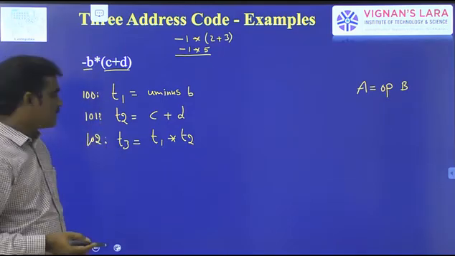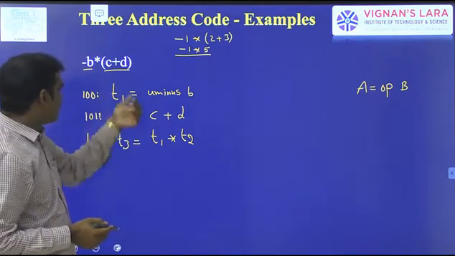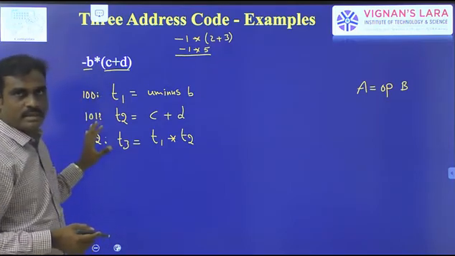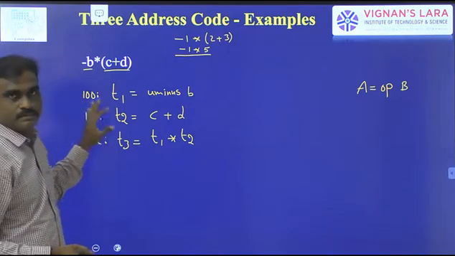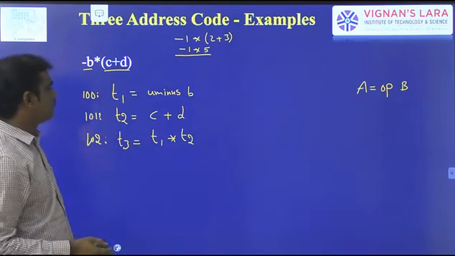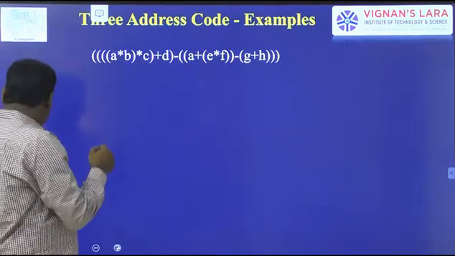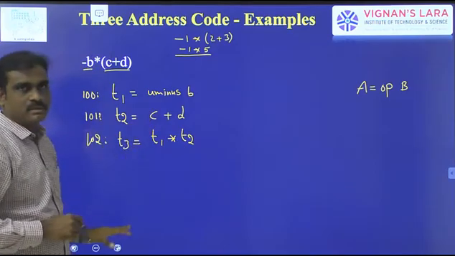In the coming classes, we are using this address statement also. In this case, we are not much concentrating on these addresses, but later in coming classes, we are using this address also. So in this way, we constructed this statement into 3 underscore form.